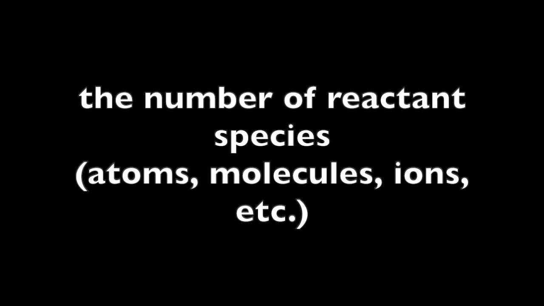Some elementary reactions involve one species, and some involve 2, and some involve 3. The number of reactant species, whether they're atoms or molecules or ions, that participate in the rate limiting step is called the molecularity of the reaction.